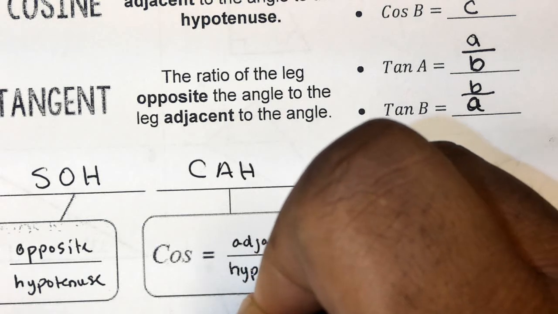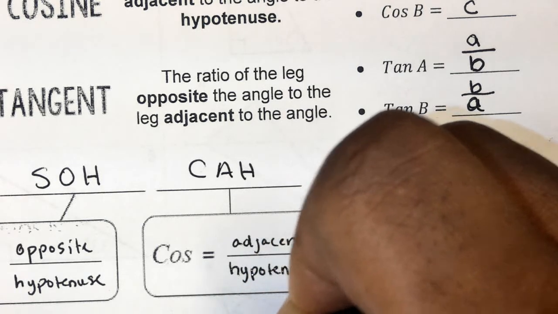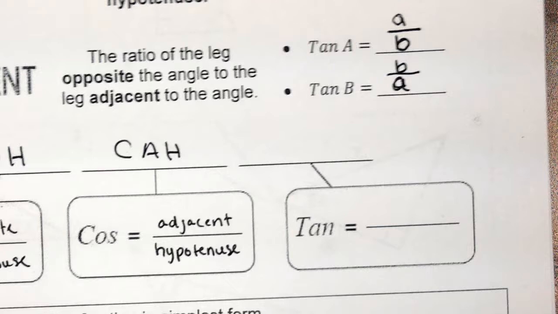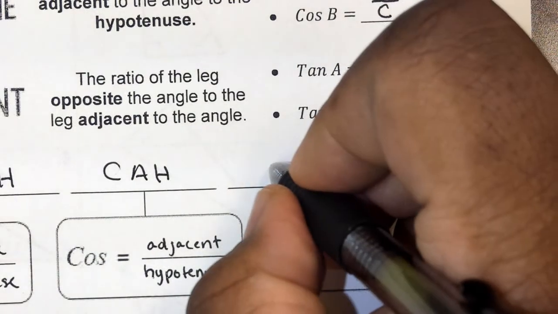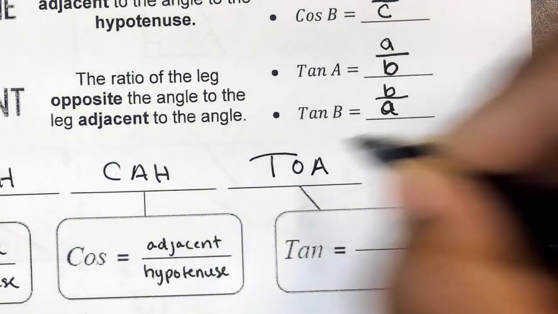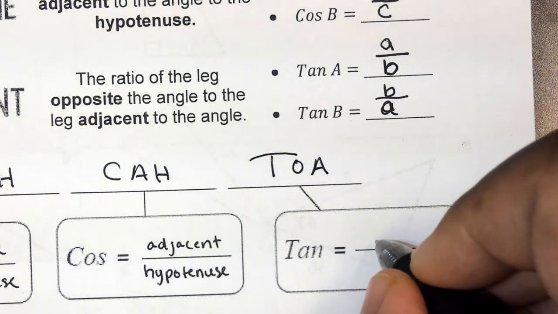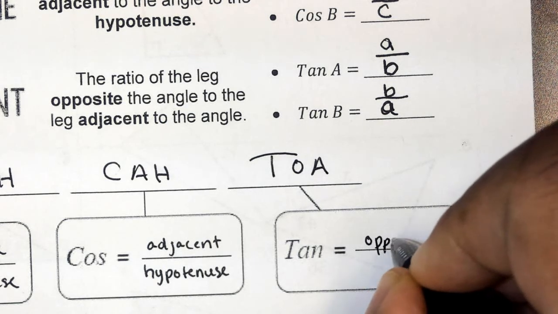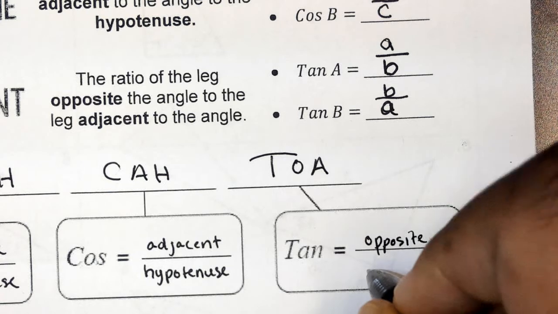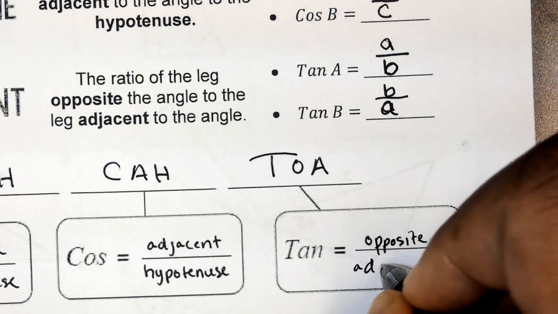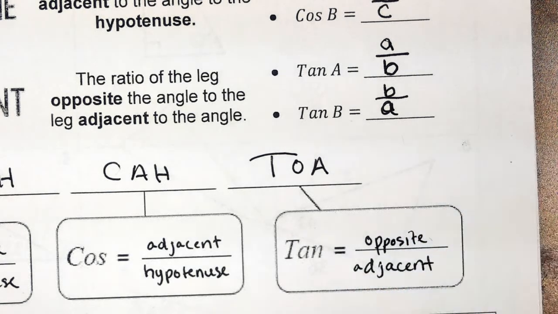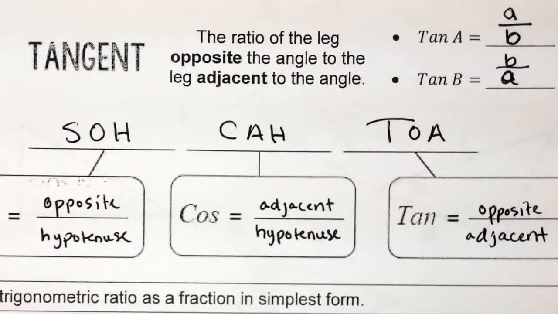This is all on your foldable. I'm just doing the stuff from your foldable. And then the last one, TOA, excuse me, TOA, is tangent equals opposite over adjacent. I'm not showing you anything new. Once again, this is from your foldable. I just want to write it on your notes since it's available for us to write there.